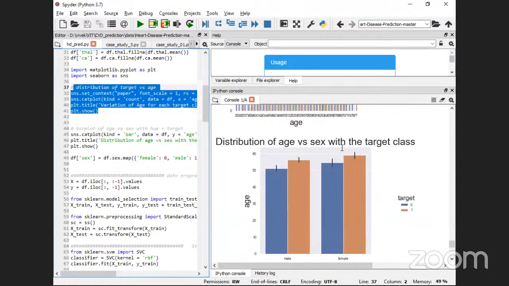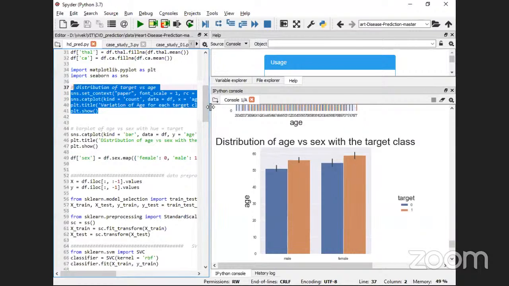Now you can see it is closer to 60. The mean value is closer to 60 with respect to age. But now you can see here, males are vulnerable to heart disease earlier compared to females. So likewise, you can do some analysis based on this distribution, right?